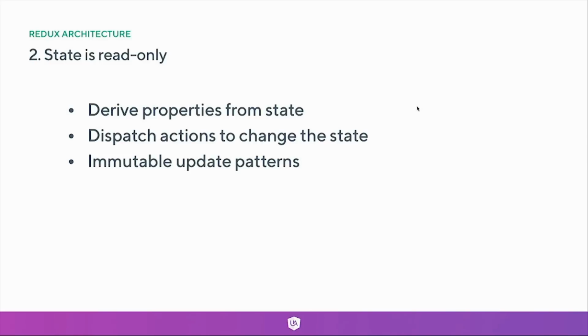Now, if we want to actually change the state tree, this is where point number 2 comes in. So we dispatch actions to change the state. If I want to add a new item to a collection, I can dispatch an action to add this item to my collection, and this is where the store will then handle these processes for you. And this comes down to immutable update patterns. So once we actually want to make a change, we want to think immutably, not mutably.